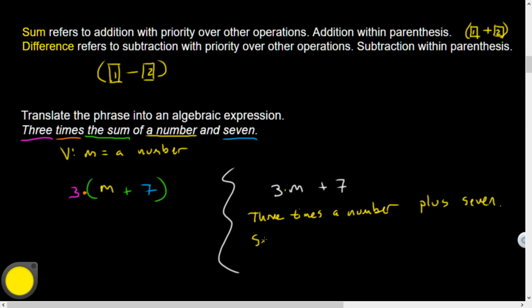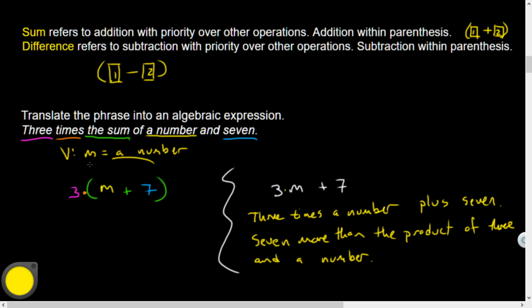I could have said 7 more than the product of 3 and a number. There's quite a few ways I could describe this. If I wanted it to include parentheses, though, the sum is a good way to do it.